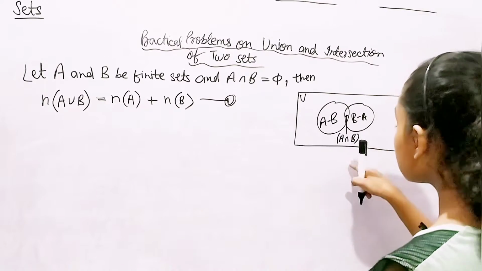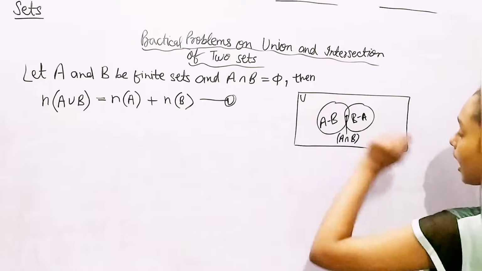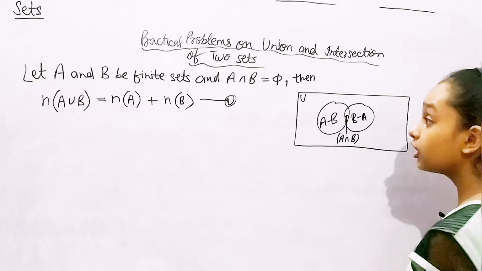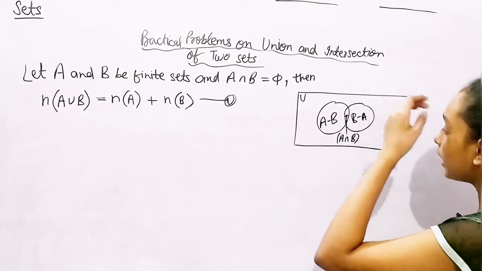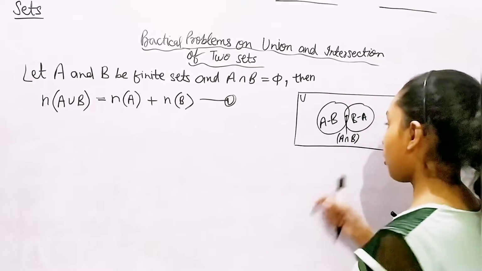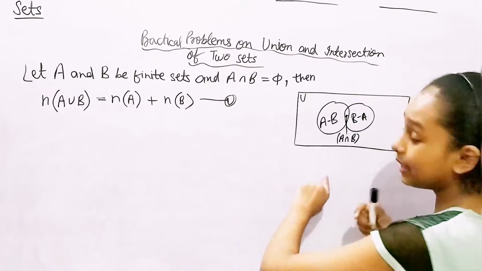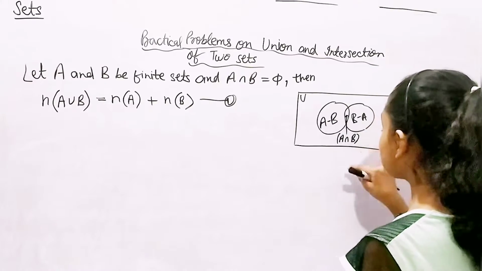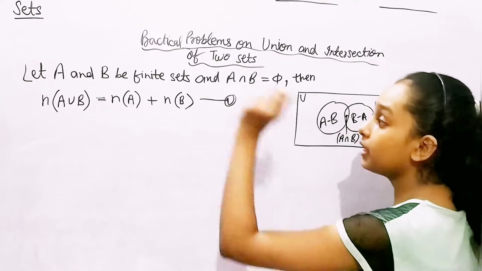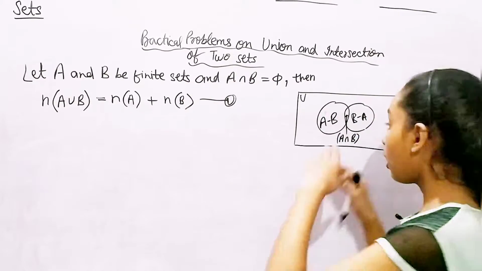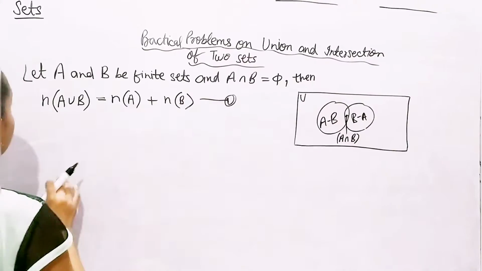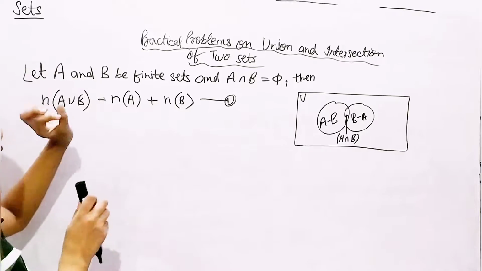As we can see, A minus B, B minus A, and A intersection B are disjoint sets, and their union is going to be A union B. Of course, it's going to be A union B. So A minus B, B minus A, and A intersection B are disjoint, and their union is A union B. In the first case, we let set A and set B be finite sets.